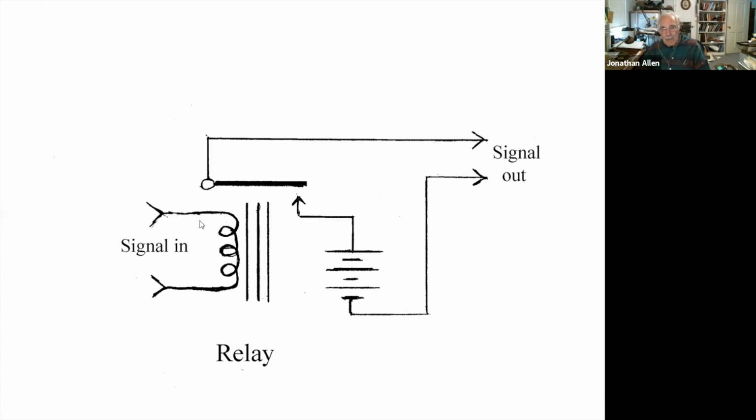When it comes in, it goes into a coil that is wrapped around an iron core. These are the standard schematic symbols. The iron core pulls in a magnetic armature, which closes this contact, and the higher voltage from the battery then propagates out the line to the next station down the line.